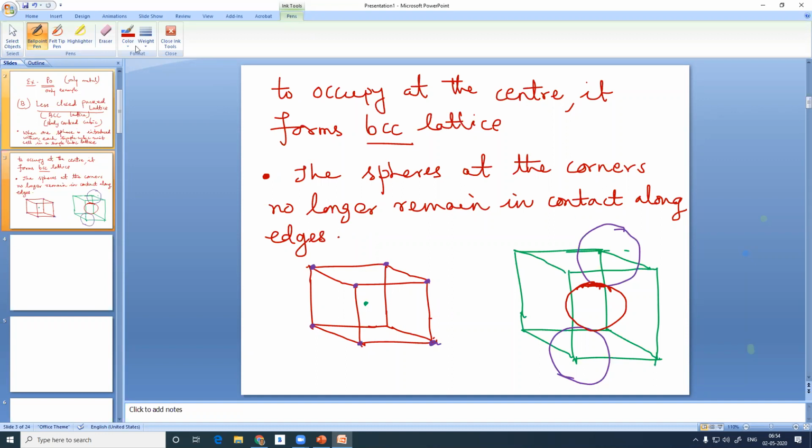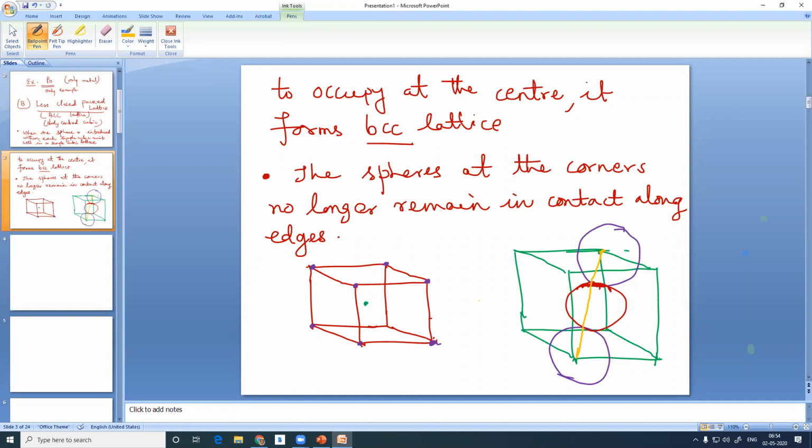And what happens? Who can tell me? Because you are quite familiar with solid state geometry. If I draw a body diagonal from this corner to its opposite corner, there are 8 spheres sitting at the 8 corners, and the one at the middle I have shown.